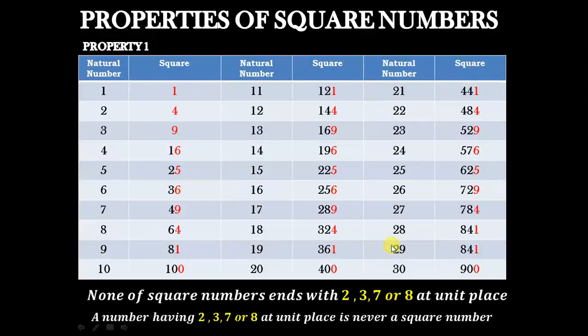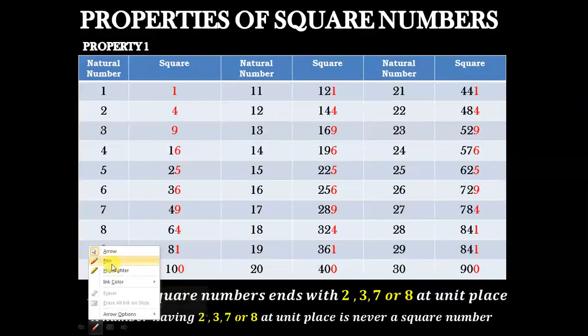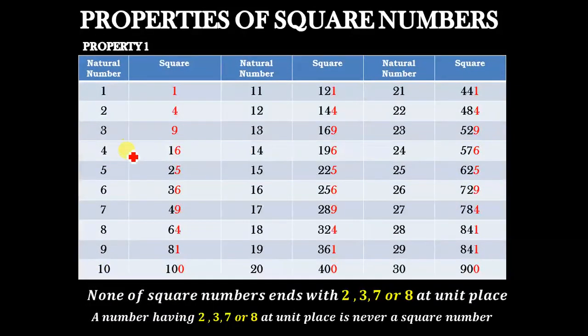So we can say that a number having 2, 3, 7 or 8 at the unit place is never a square number. Let's take an example. I have the number 1452.